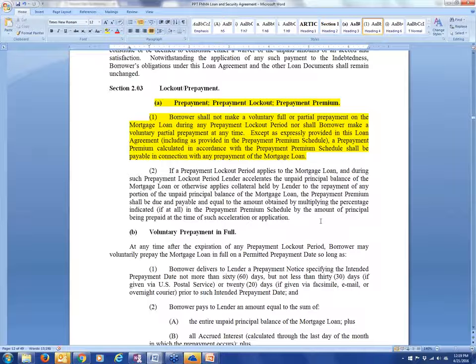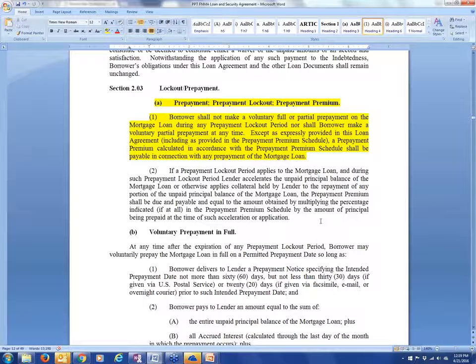The borrower shall not make a voluntary full or partial prepayment on the mortgage loan during any prepayment lockout period, nor shall the borrower make a voluntary partial payment at any time, except as expressly provided in this loan agreement. A prepayment premium calculated in accordance with the prepayment premium schedule shall be payable in connection with any prepayment of the mortgage loan.